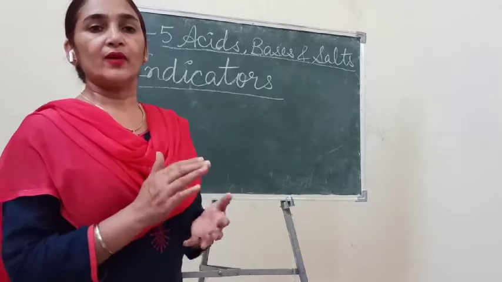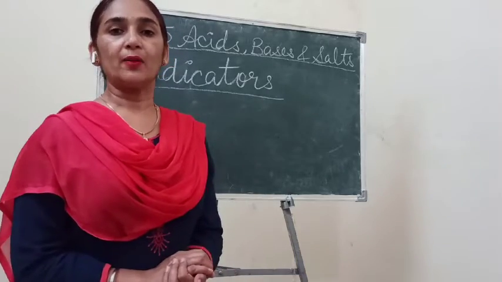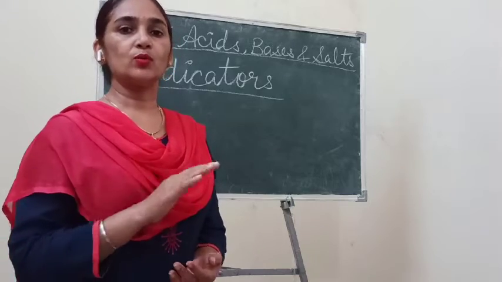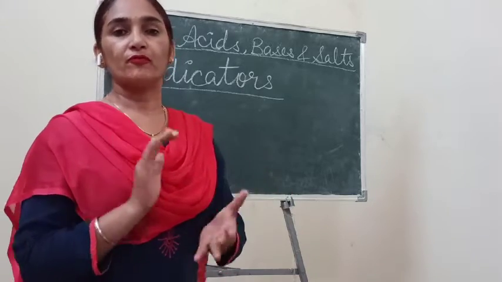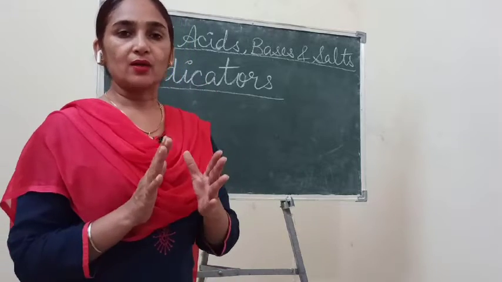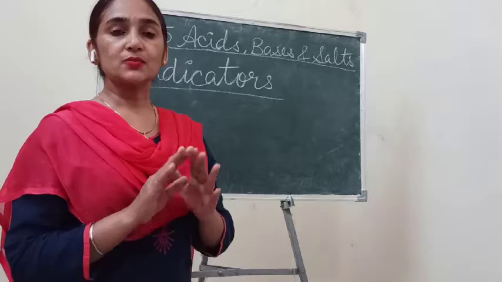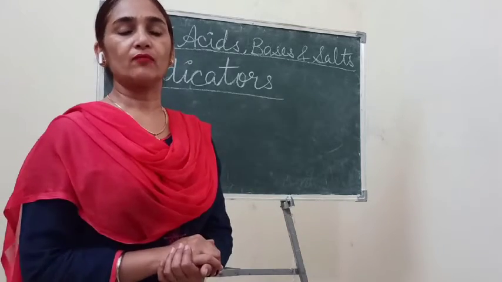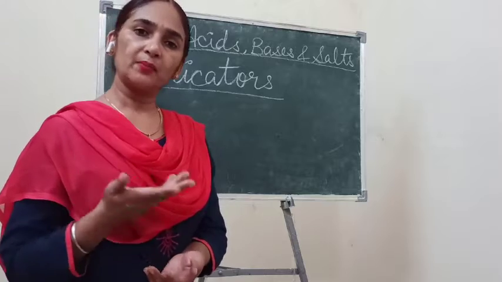First of all, we will perform an activity with the help of turmeric, which I have given you. Children, I told you to take a piece of white cloth, because on white cloth the color appears very clearly. If you don't have white cloth, you can use white paper also.